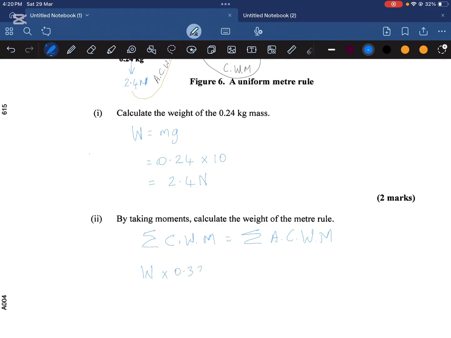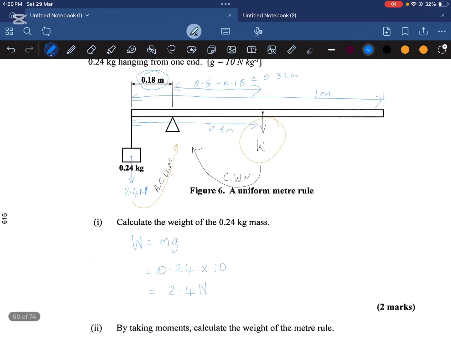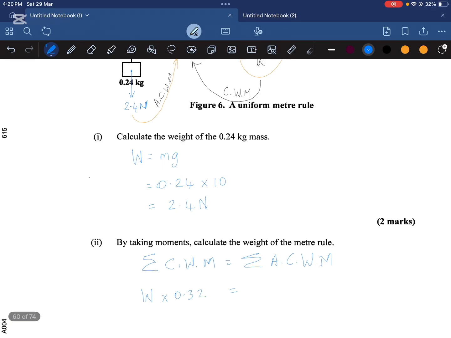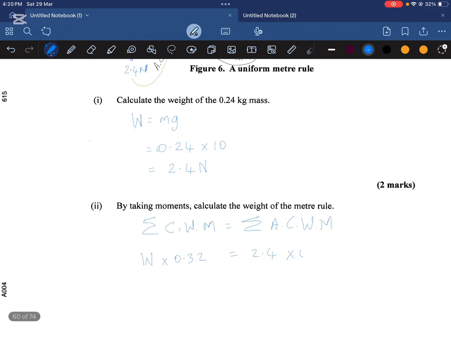So this is 0.32 meters, and then the force of the anticlockwise moment is 2.4 times its distance from the pivot, which is 0.18. Let's do the right-hand side first. 2.4 times 0.18 gives us 0.432.